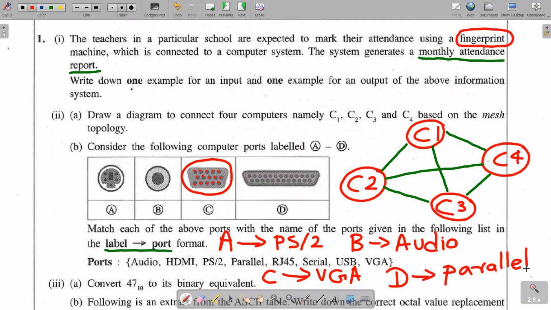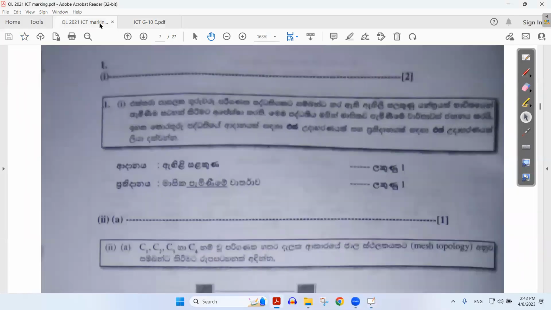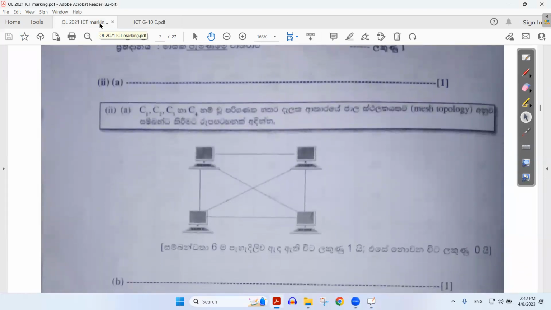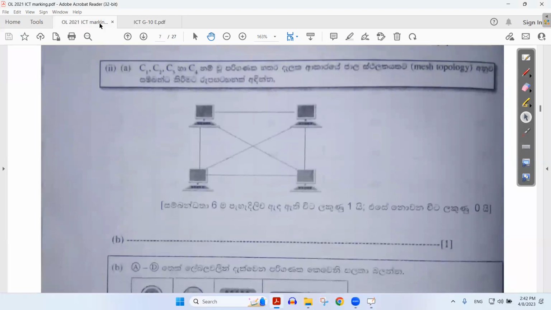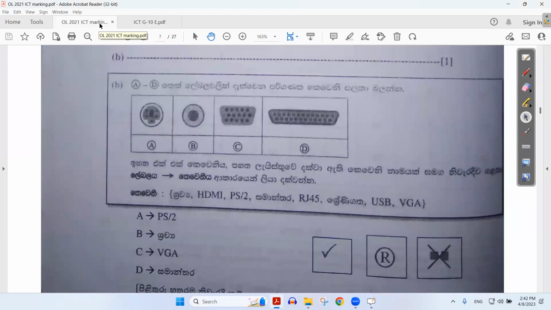So let's see how they have allocated the marks for this. For the mesh topology, this is the nature that they are expecting. So 1 mark. For the port matching, A is the PS2, B is the audio, C is the VGA, and D is the parallel port.